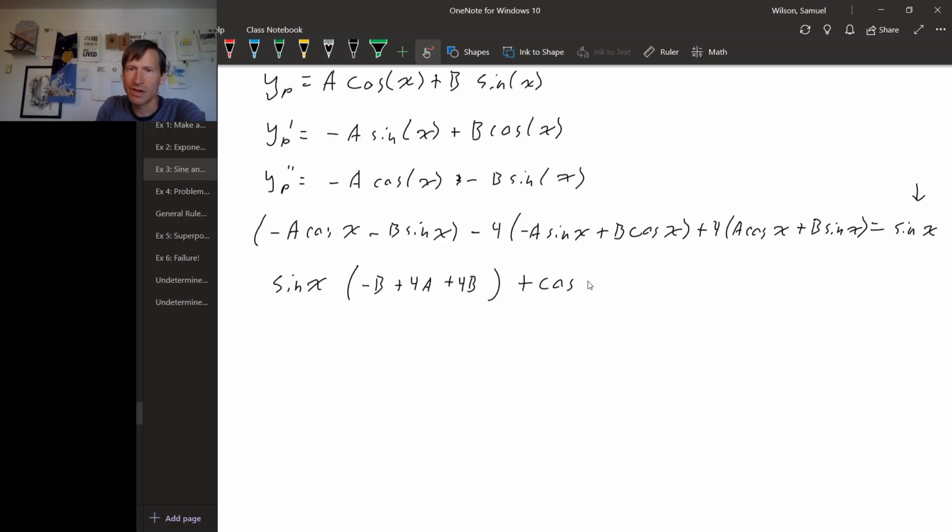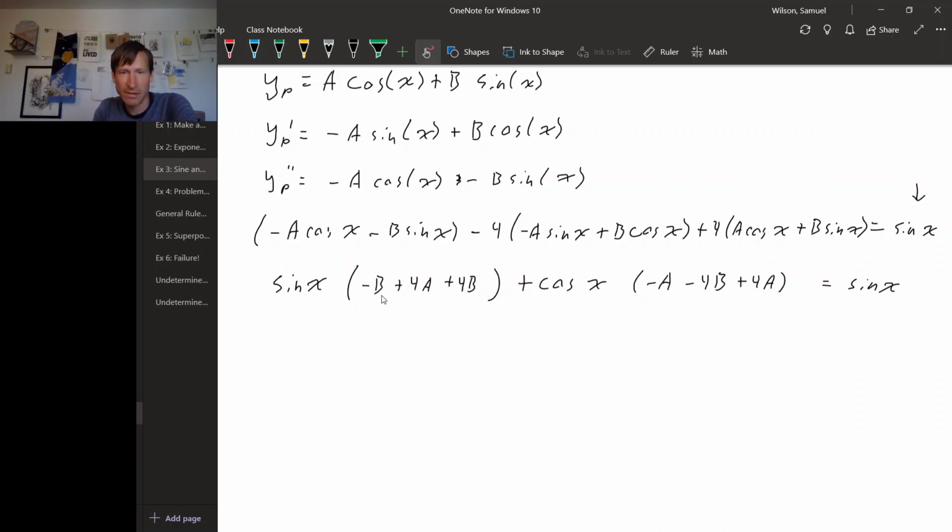For our cosine x terms, right here is a minus a, and then here's a minus 4b, and here's a plus 4a. And this is all supposed to be equal to sine x.